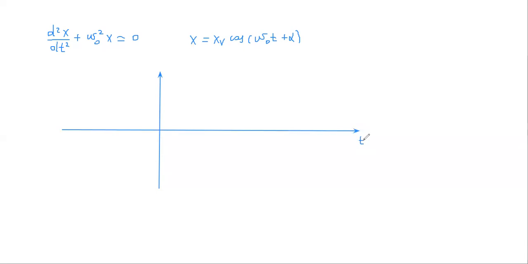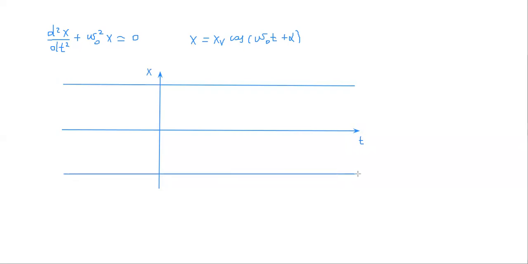If we have time, coordinate x. Now I will make two dash lines.